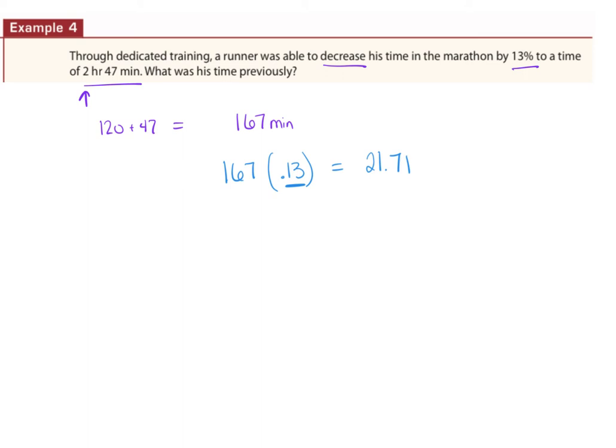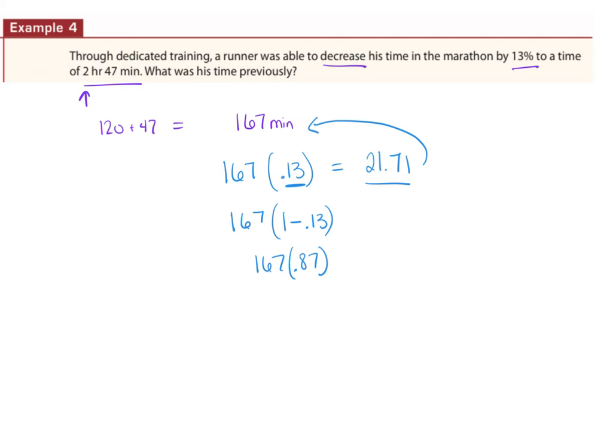There's two ways to do it. You can take this and subtract it like we did, so we can actually subtract that and figure out his time, right? Or we can take this and multiply by 1 minus this, right? Which is 167 times 87%, or 0.87.